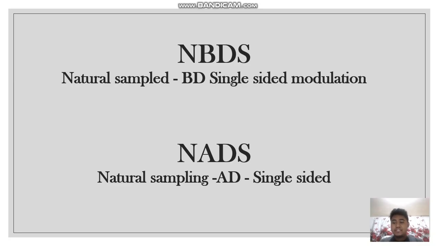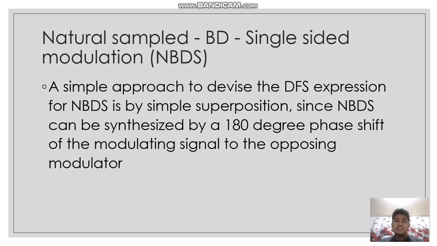So we have here the single-sided modulation. As we talked about last time, we have here the NBDS, which means natural sampled BD single-sided modulation, and we have here NADS, natural sampling AD single-sided. So natural sampled BD single-sided modulation, or NBDS, is a simple approach.